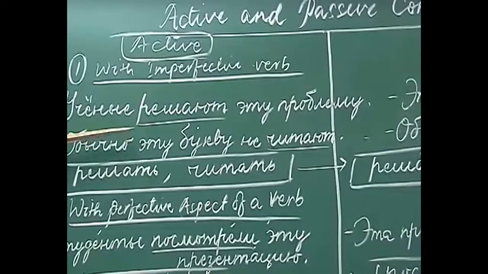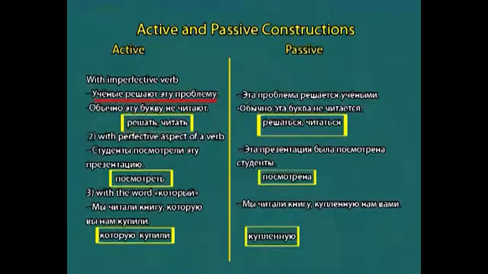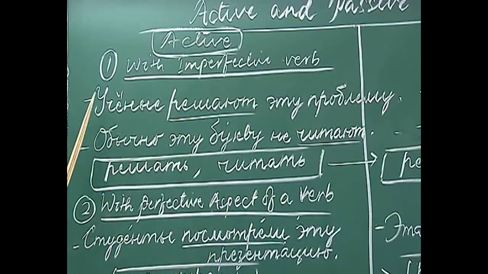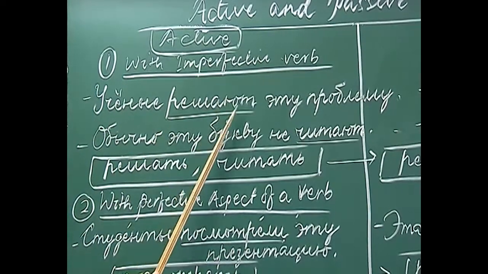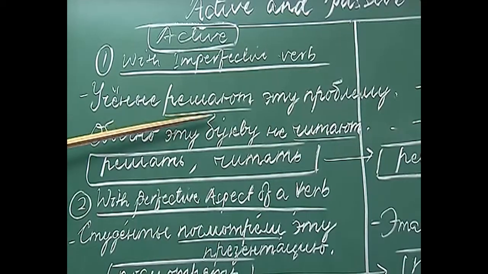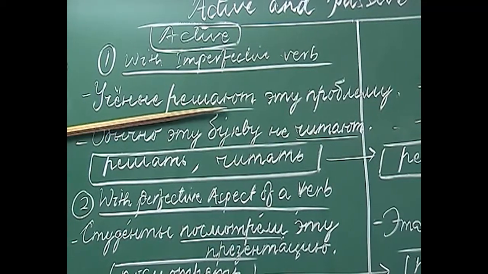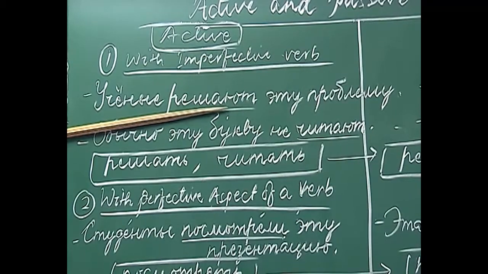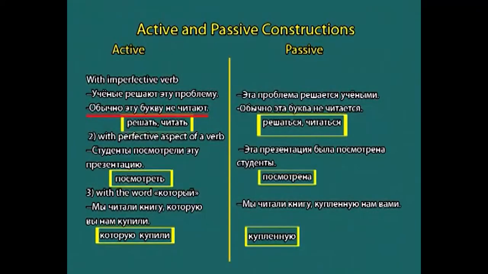So, for that let us look at the first example. Ученые решают эту проблему. The scientists, they solve this problem. So, here as you can see, решают is the imperfective aspect of the verb, and the second example we have is обычно эту букву не читают.